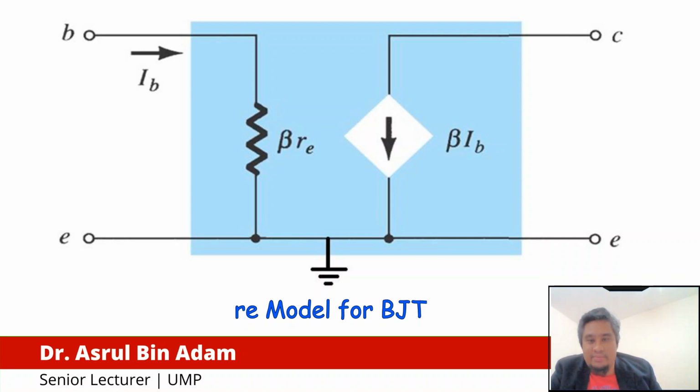This RE model suits every BJT biasing configuration, like fixed bias, common emitter, common base and so on. You have to memorize this RE model, it's very important. After you memorize the formula, you have to memorize the circuit, the RE model. Let's move on to the next slide.